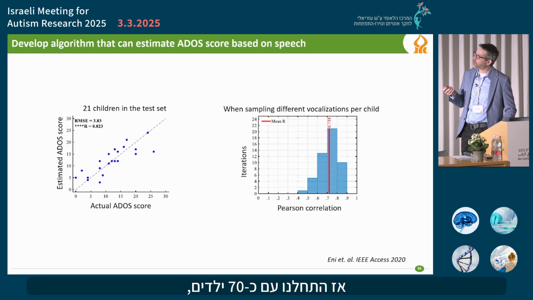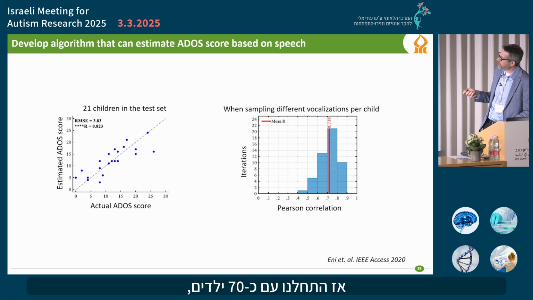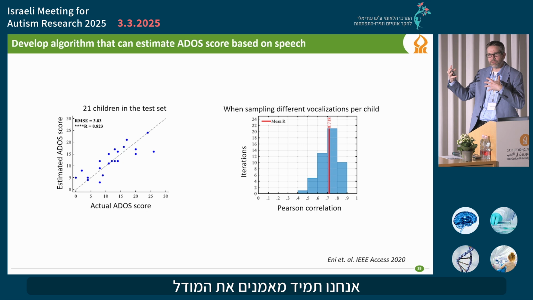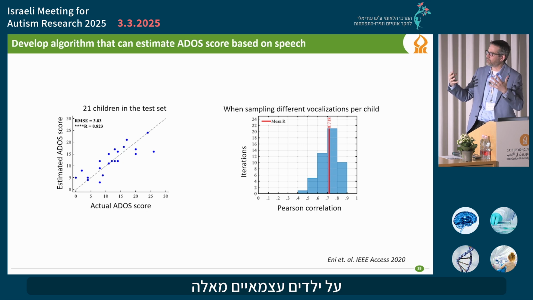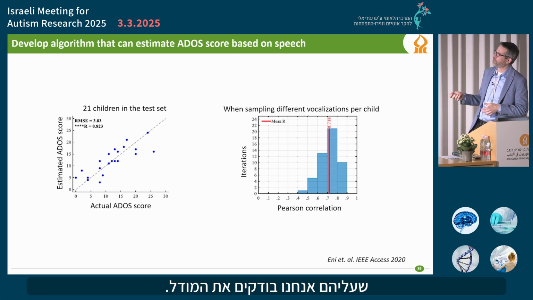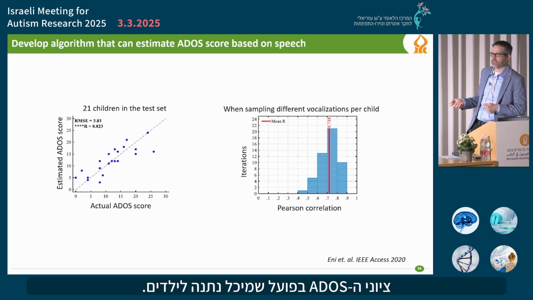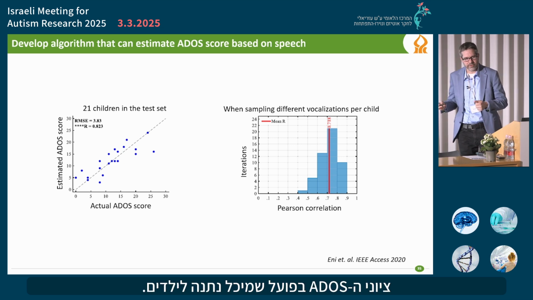So we started out with about 70 kids where we trained the model and then tested. We always train the model on independent children from those who we test the model on. And what we're constantly teaching the model here is how to predict or estimate the ADOS scores, and then we compare the model's estimation according to the actual ADOS scores that Michal gave the kids.